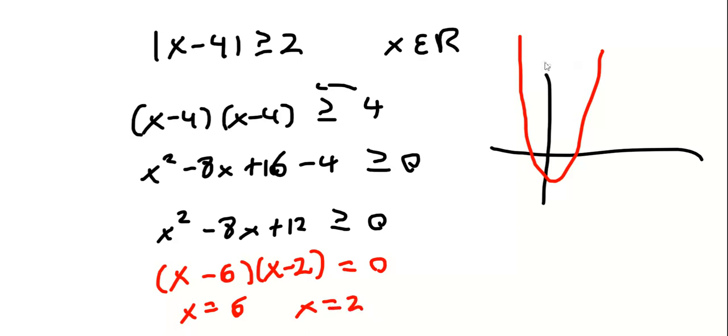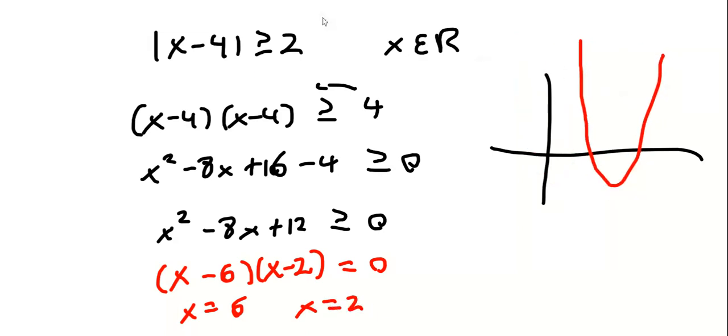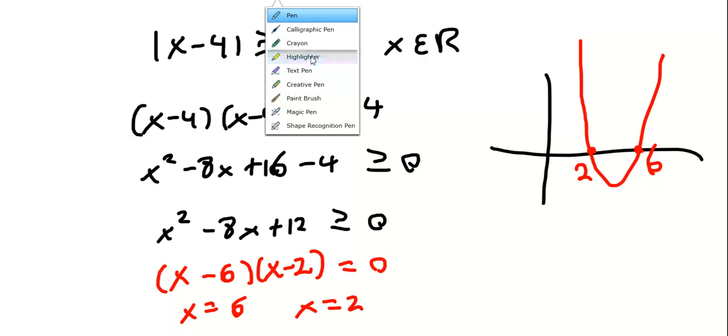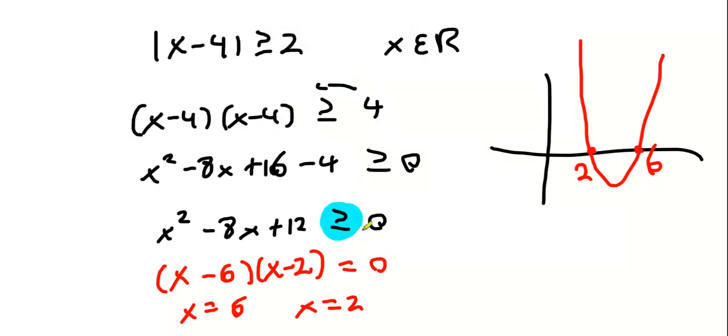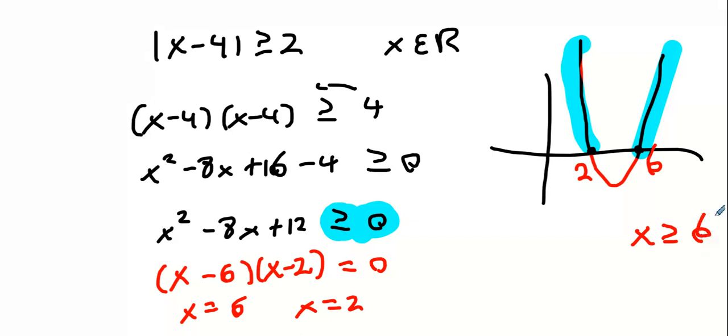And that means they'll be over this side here. That's 2, that's 6. Now, lads, where do I want the answers to be? So what does that mean? x is bigger than or equal to 6, and x is smaller than or equal to 2.